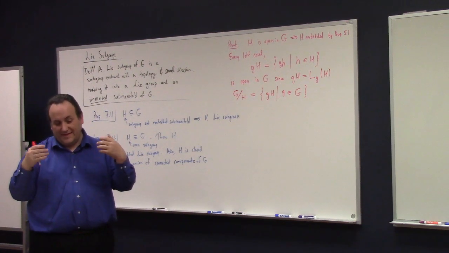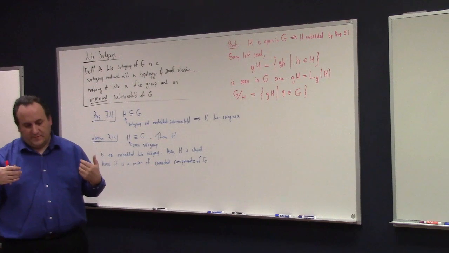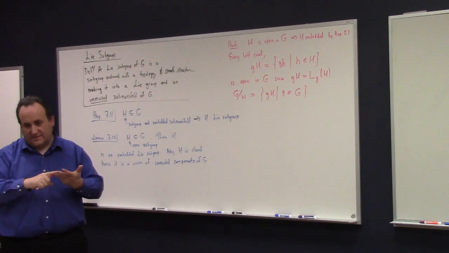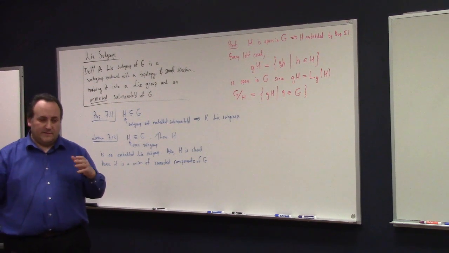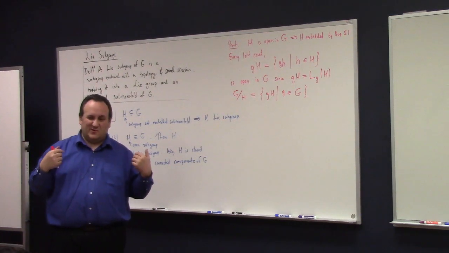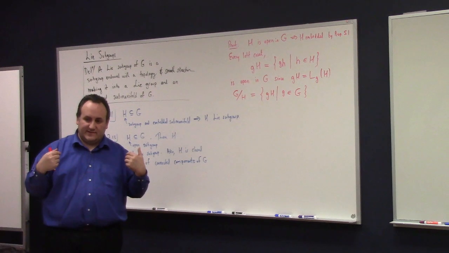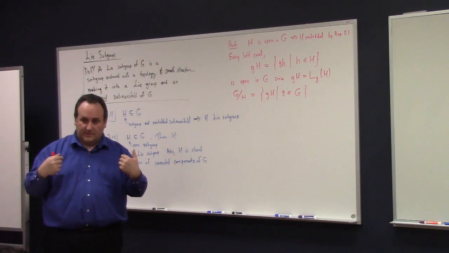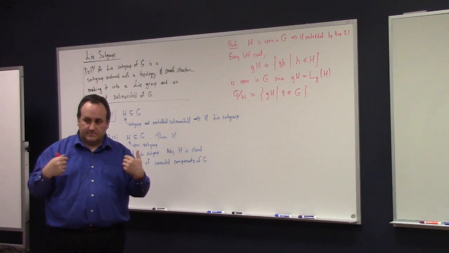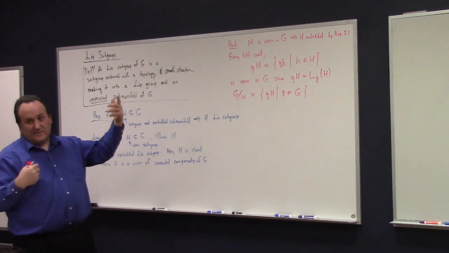You can prove that it's an equivalence relation, which means it's reflexive, symmetric, and transitive. And then the cosets themselves are in fact the equivalence classes, and the equivalence classes partition the group, right? Yeah, so GH is the equivalence class.